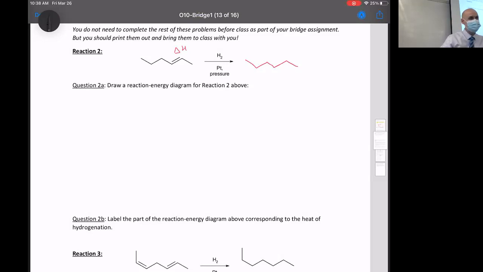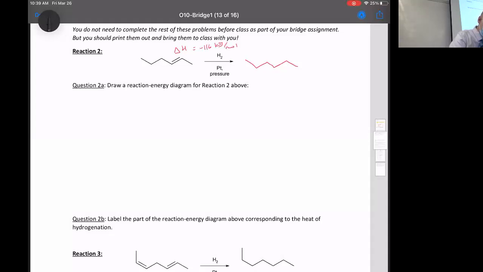Is it mono, di, tri, tetra, or unsubstituted alkene? And is it E or Z? E. So what is the value? Negative 116. Is that right? I believe you. Okay, negative 116 kilojoules per mole.